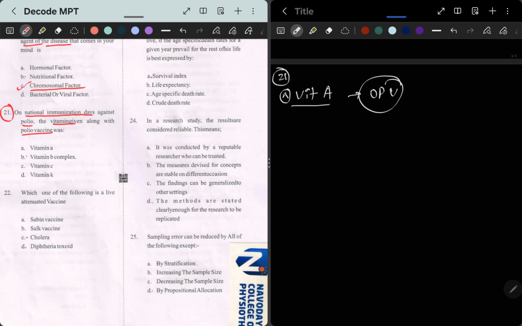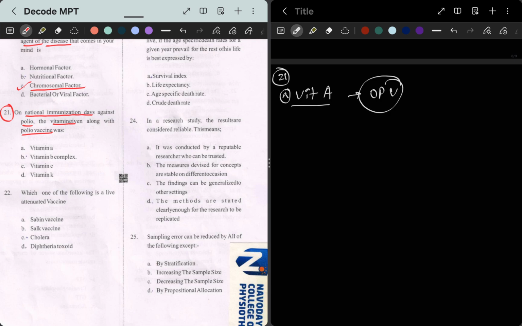In health centers, vitamin A is given mainly to reduce childhood blindness, improve immunity, and reduce morbidity and mortality.